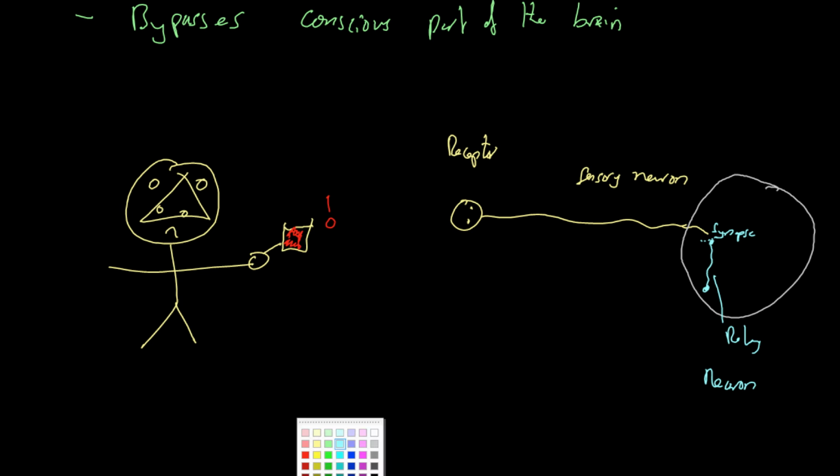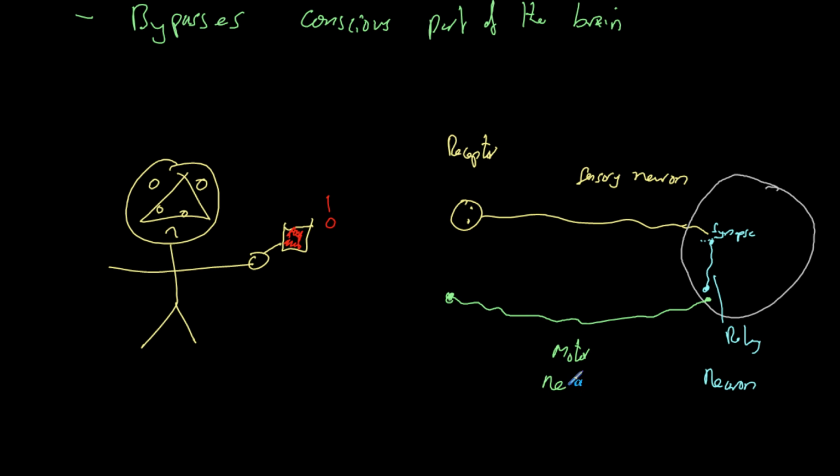The relay neuron is just like in a relay race. It's passing the baton, and the baton in this case is the impulse to the motor neuron. And the motor neuron will carry the message back. So this is your motor neuron, carrying the message back. And this will carry to the muscles in the arm and the hand, and that will cause a response, which will be his hand moving away.